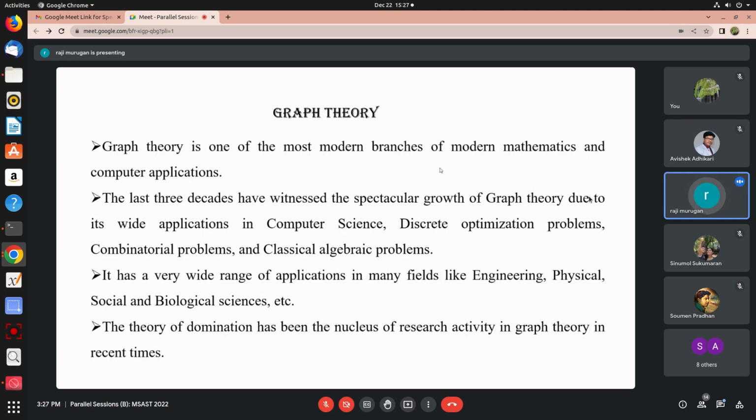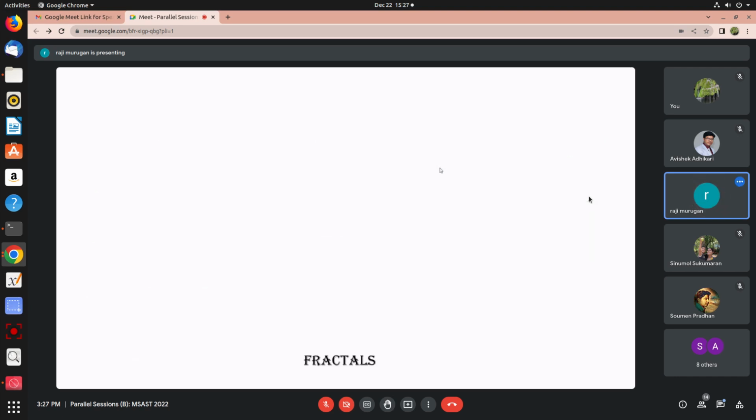The last three decades have witnessed the spectacular growth of graph theory due to its wide applications in computer science, discrete optimization problems, combinatorial problems, and classical algebraic problems. It has a very wide range of applications in many fields like engineering, physical, social, and biological sciences. The theory of domination has been the nucleus of research activity in graph theory in recent times.